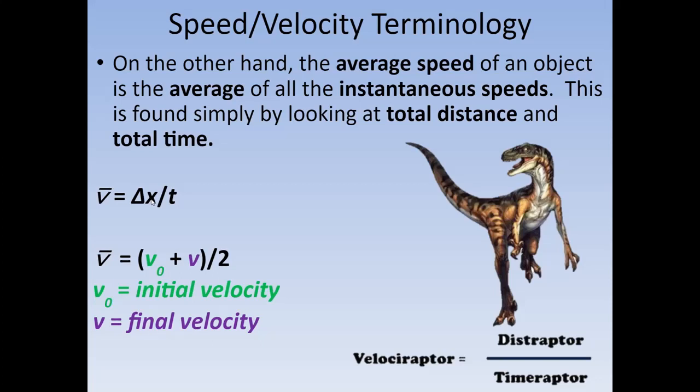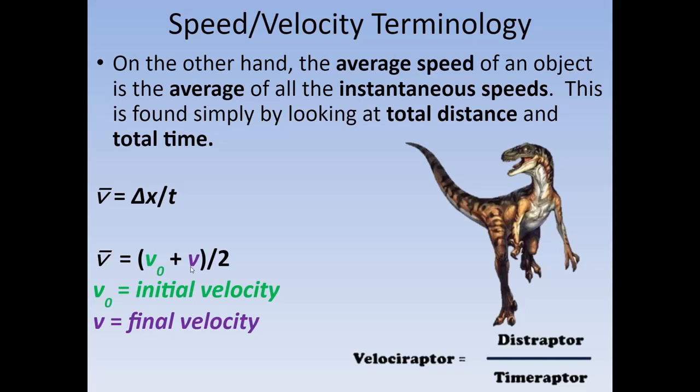So this is important to keep in mind, paying attention to whether they're looking for average speed or average velocity, because that's going to change what gets plugged in for x. Same thing down here. It does matter whether this is supposed to be average speed or average velocity, because if it's average speed, then we just plug speeds in here. But if it's average velocity, then the v naught and the v need to have their respective signs indicating their direction. That's pretty much it.